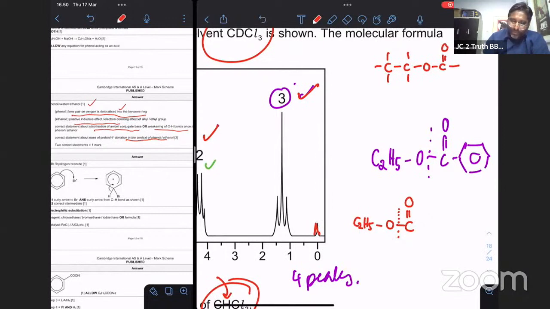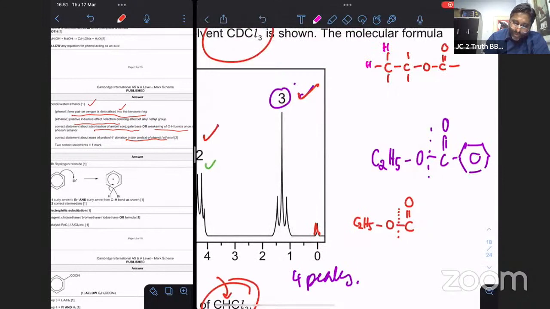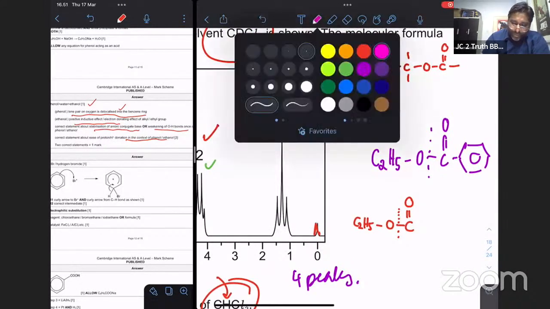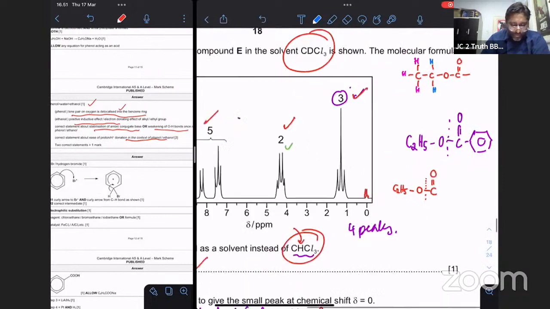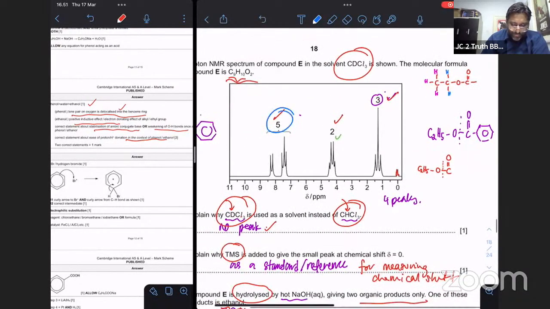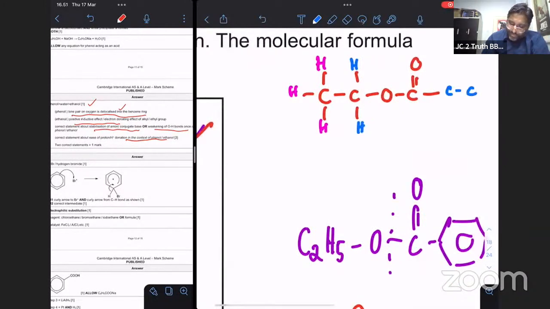Suddenly I know that this is going to be one hydrogen environment, and this is going to be another hydrogen environment, 2. So I must have one more hydrogen environment, which is the 5 over here. If I keep on writing the carbon, there will be more hydrogen environments. So the best thing you can do is to put the benzene over there, C6H5.